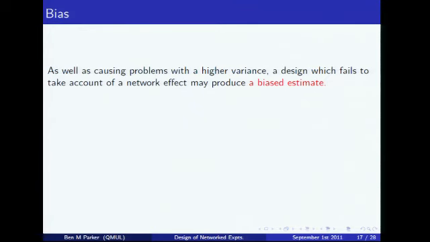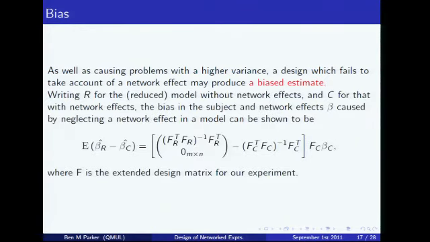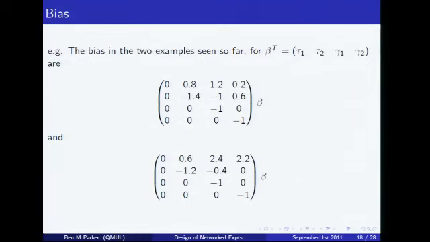As well as causing high variance, it turns out that the bias, the difference between our full model and our model without network effects and our model with network effects, so this is the bias in our estimators, is non-zero in general. For our two examples, we can work it out.